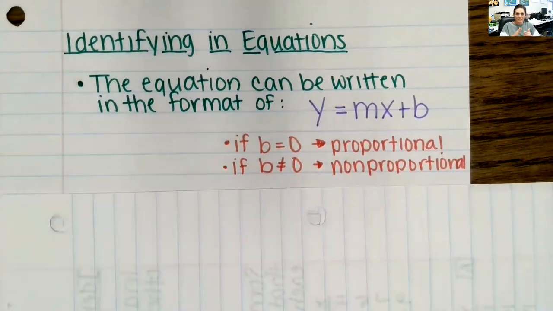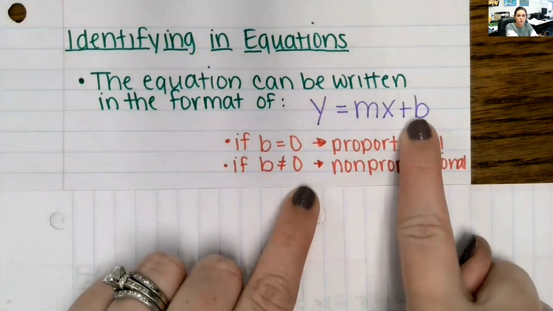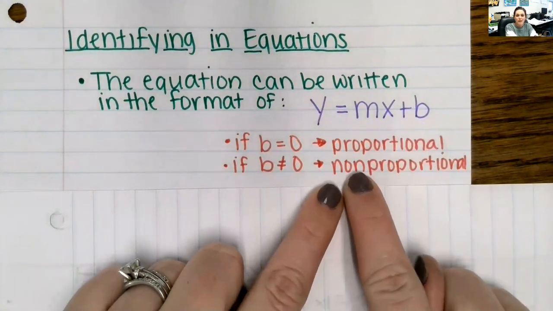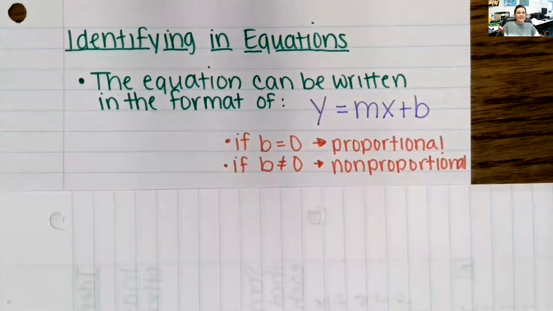Okay, so that's kind of the fact. If you see this tail, this extra piece, non-proportional. If it's 0, it's not going to say 0. It's just not going to be there. It's just like in math, adding 0 really has no merit, so it doesn't exist in sequences.